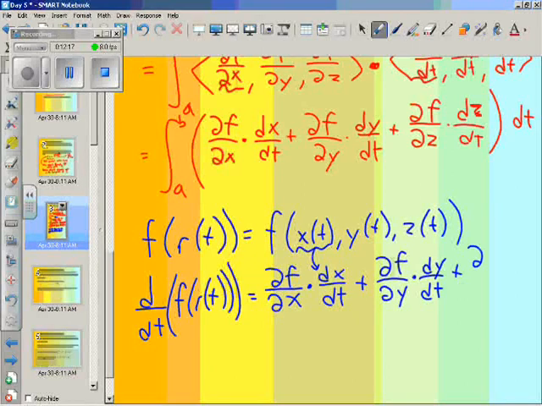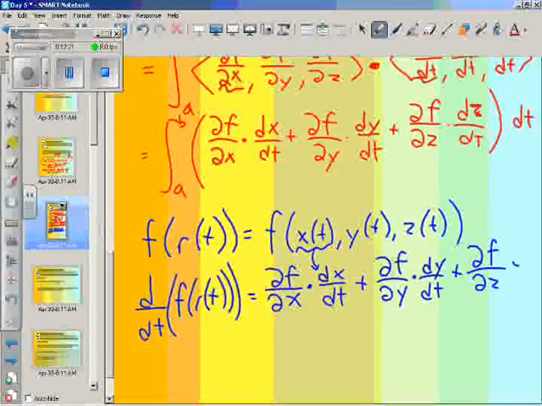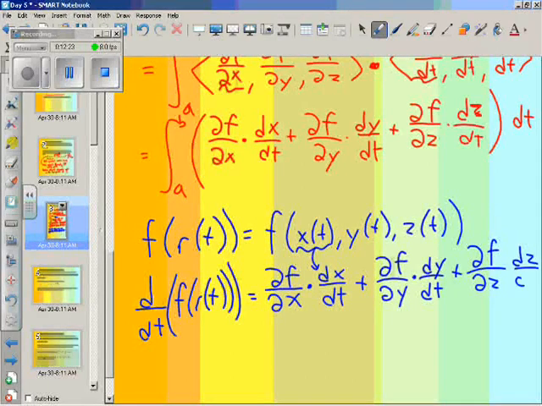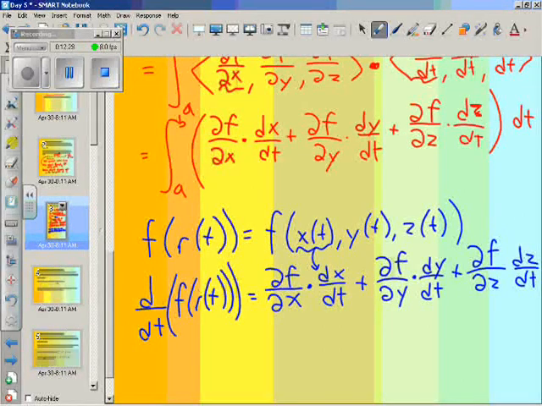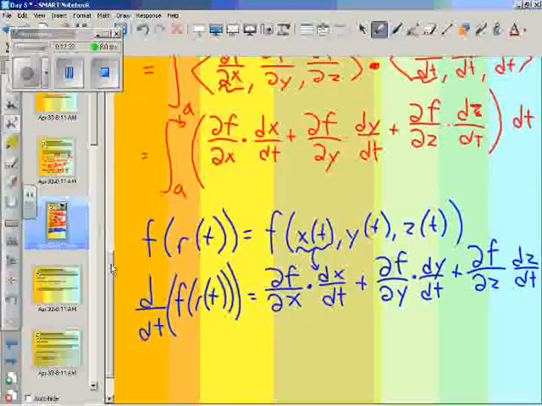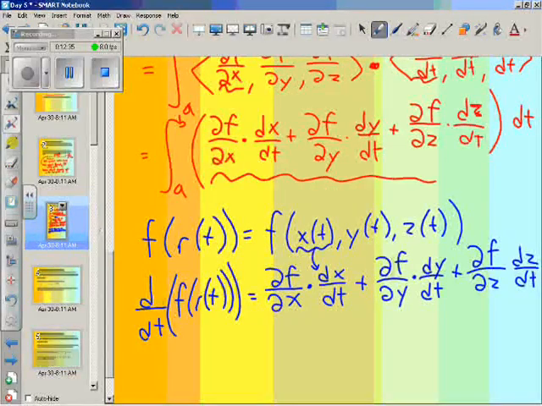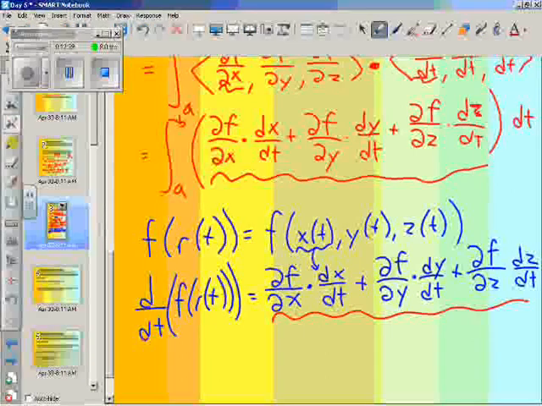And finally, we do the derivative with respect to the third variable, times the derivative of z with respect to t. And so that's the direct chain rule. So we look up here and observe that this is exactly this.